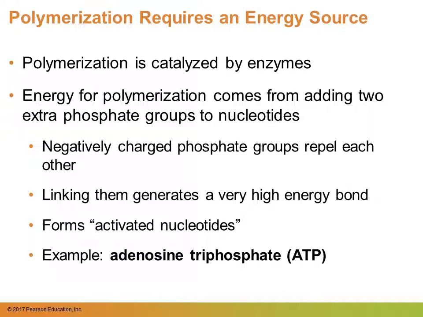Phosphate groups are negatively charged and they repel each other. So where does the energy come from? It actually comes from this repulsion of negatively charged oxygens found in the phosphate group. Those bonds holding these negative charges should be very strong, so when they're broken, it releases energy to build from a small building block, a monomer, to a polymer.